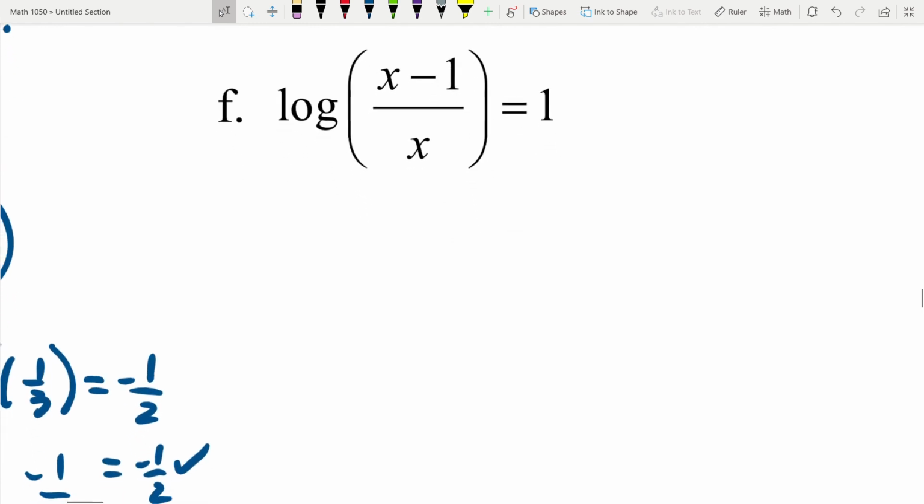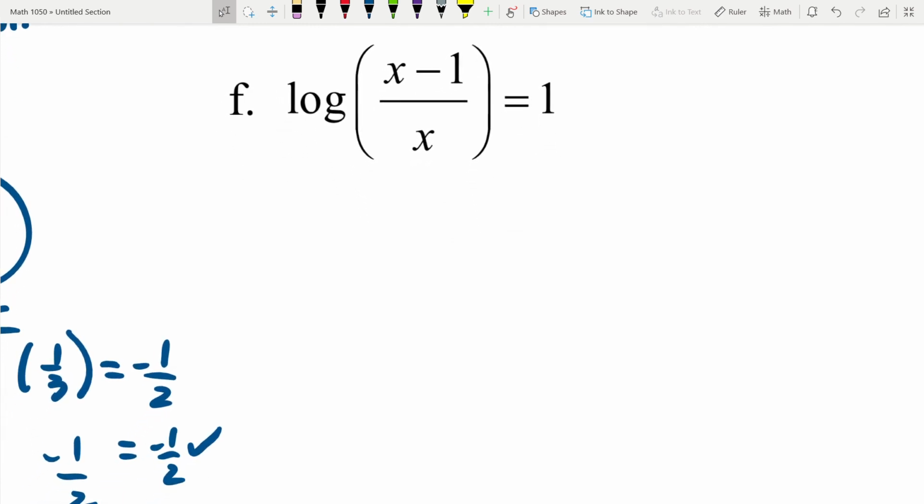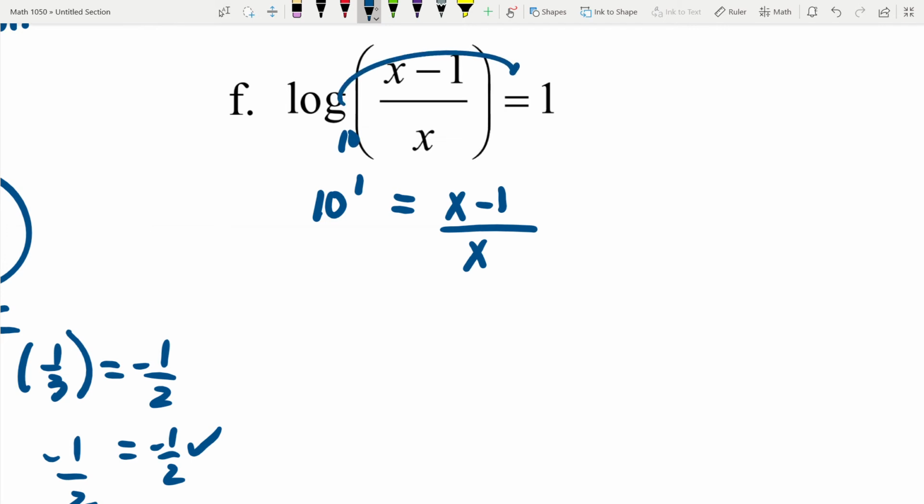I'm stuck. So I convert it. This is log base 10. So I have 10 to the 1st equals x minus 1 over x. Okay, I just converted it. Log base 10 to the other side, which is a 1, equals x minus 1 over x. Put a 1 underneath it.